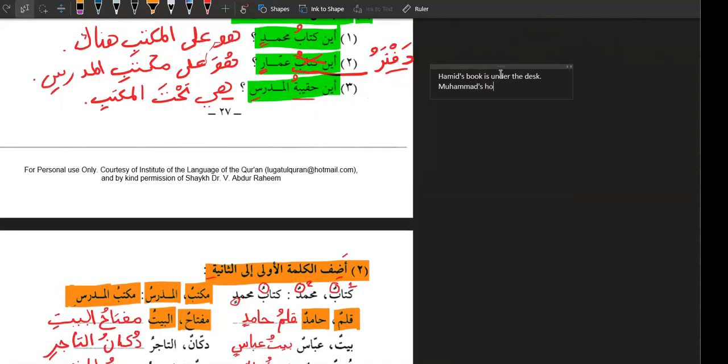Muhammad's horse is under the tree. I'll write the word for tree in a minute because we haven't done tree. So where?